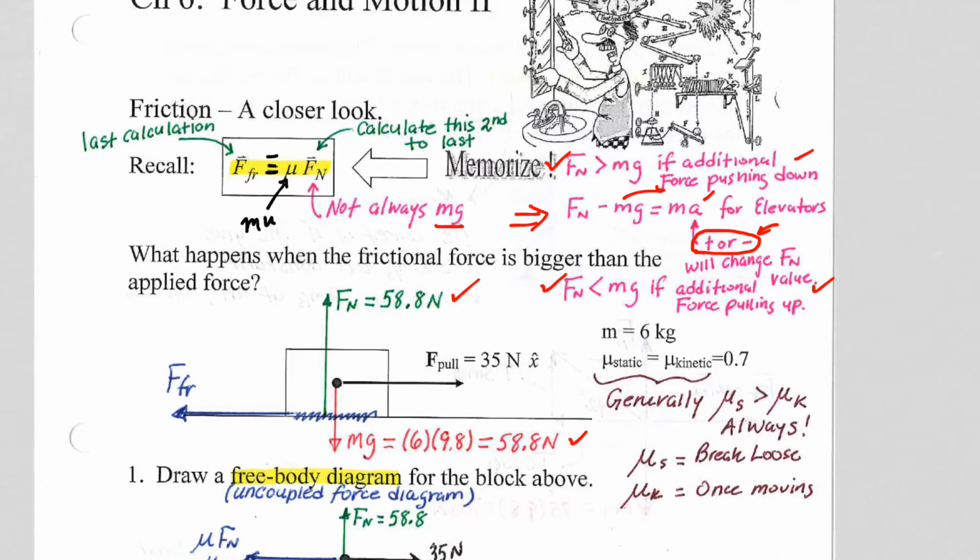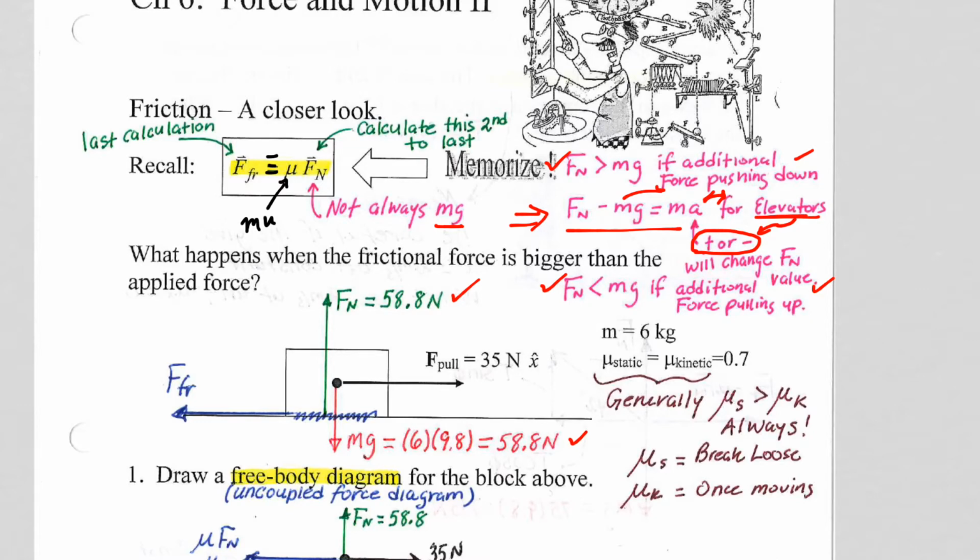So in elevators we always use force normal minus mg equals ma, where the acceleration is the acceleration for the elevator, and that plus or minus comes from whatever the elevator is doing.